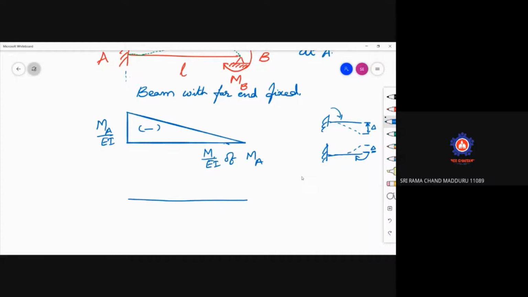In the method of consistent deformation as well as the moment area method, downward deflection will be considered as positive. So for this, this is positive and this one will be negative. This is negative, which is MB by EI. This is M by EI of MB.